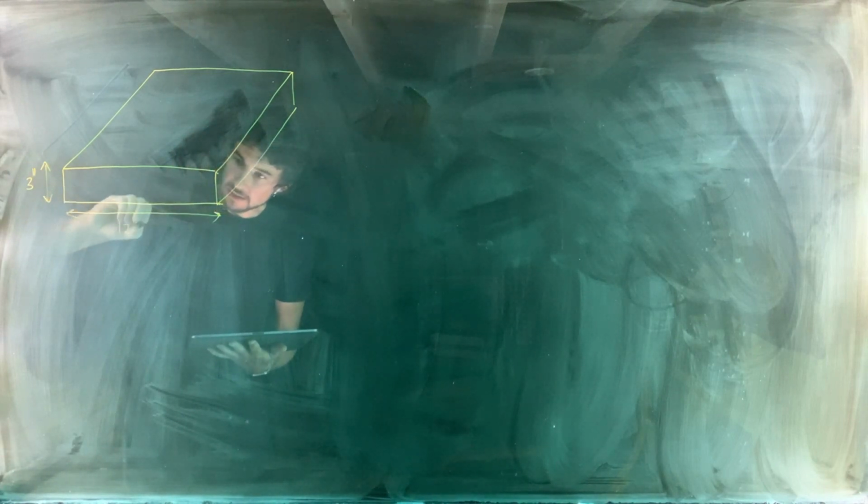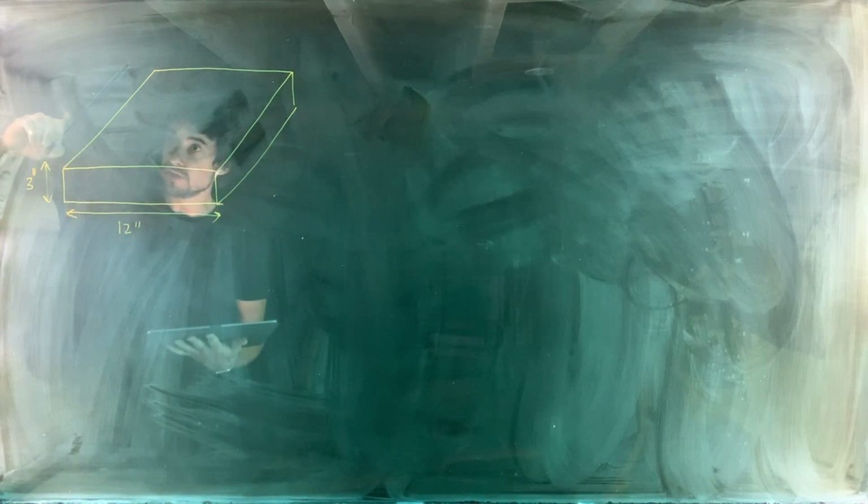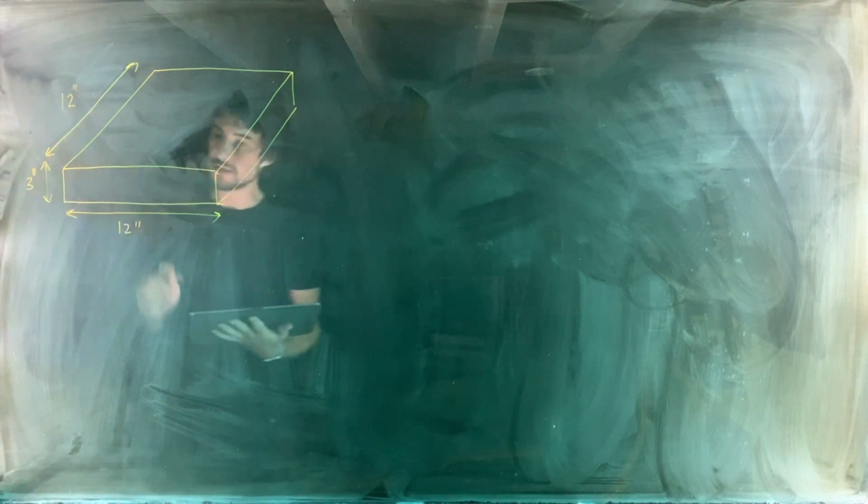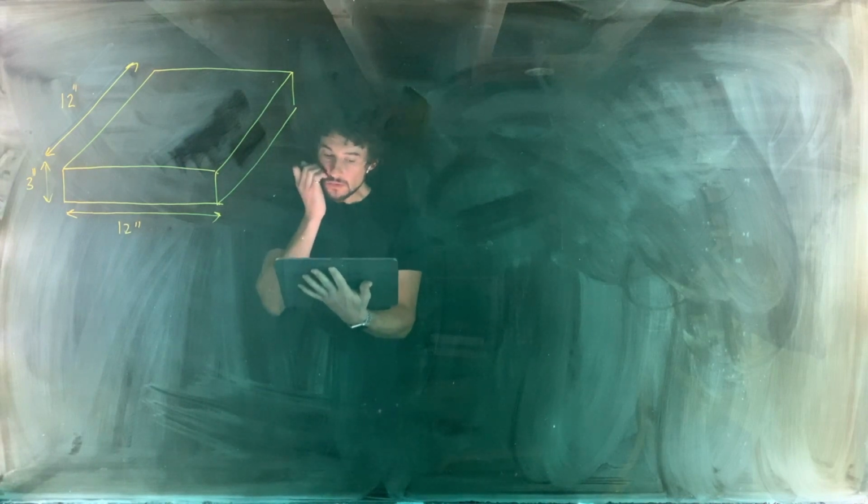We'll put some dimensions here. We've got 3 inches, 12 inches along the base, and it's also 12 inches into the plane of the glass as well. So it's got a square cross section there.